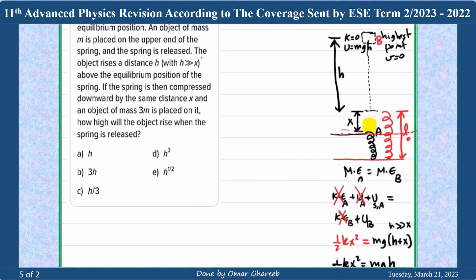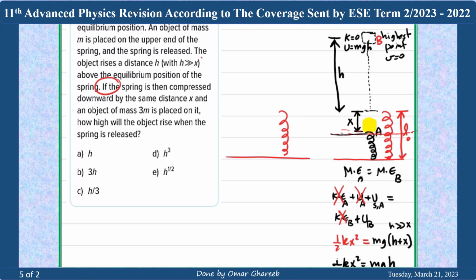The second situation starts from here. If the spring is then compressed downward by the same distance, and an object of mass 3m is placed on it, how high will the object rise when the spring is released? Comparing to the first situation, the question means comparing to the first situation. Now the second situation, we have the same spring with the same length.